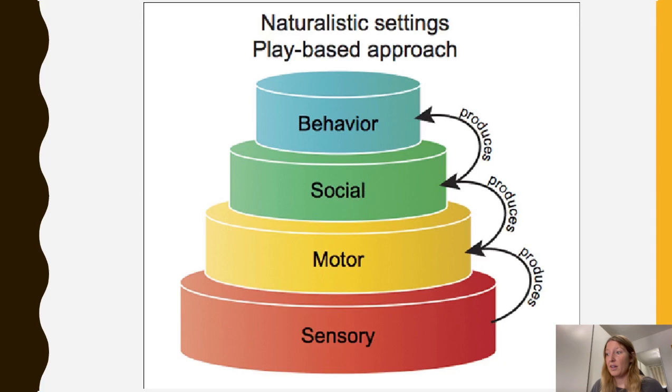So the way that we are built is basically that the sensory is the base of the pyramid, and from that we will develop the rest. So first sensory, then motor, then social, and then behavior. So the sensory is the base of our behavior. The way we sense the environment is going to produce a motor response, and then that's going to produce a social response and a behavioral response.